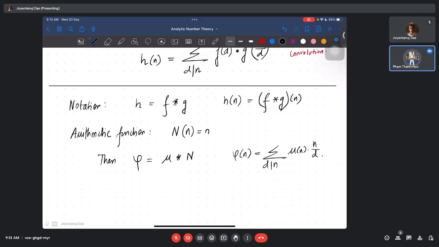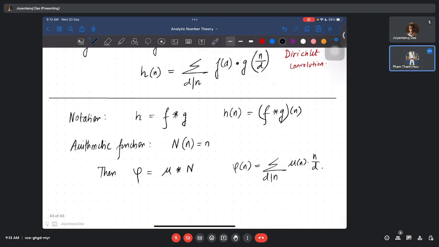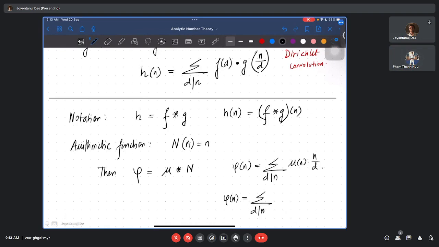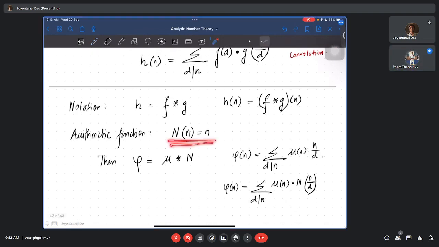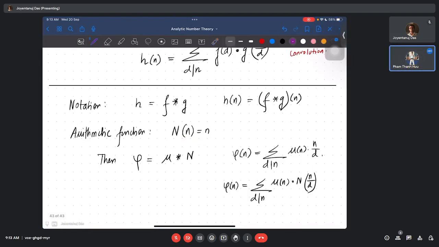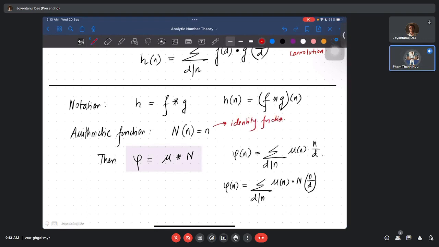By the definition, this is exactly what we have, and N of n by d is our identity function, so these are the same.